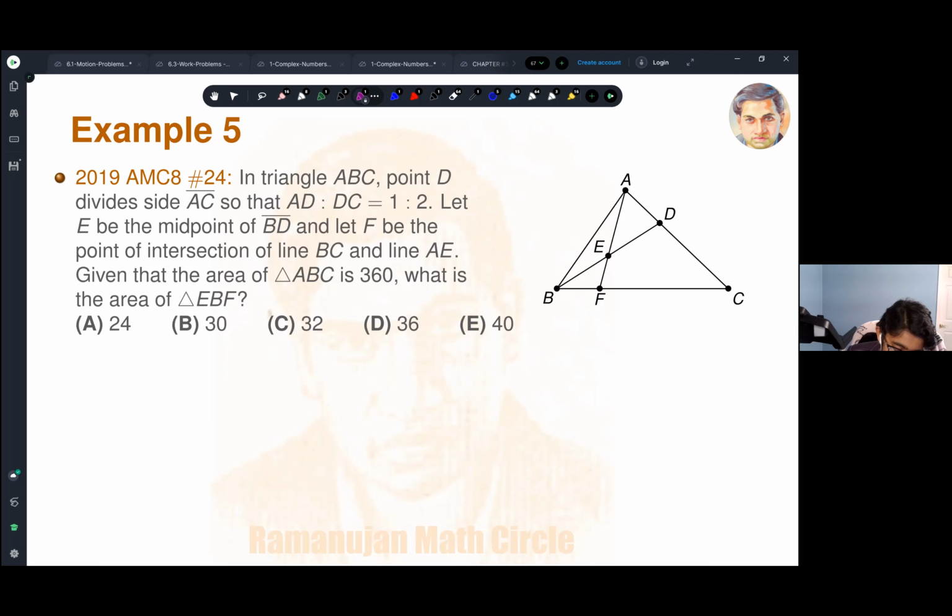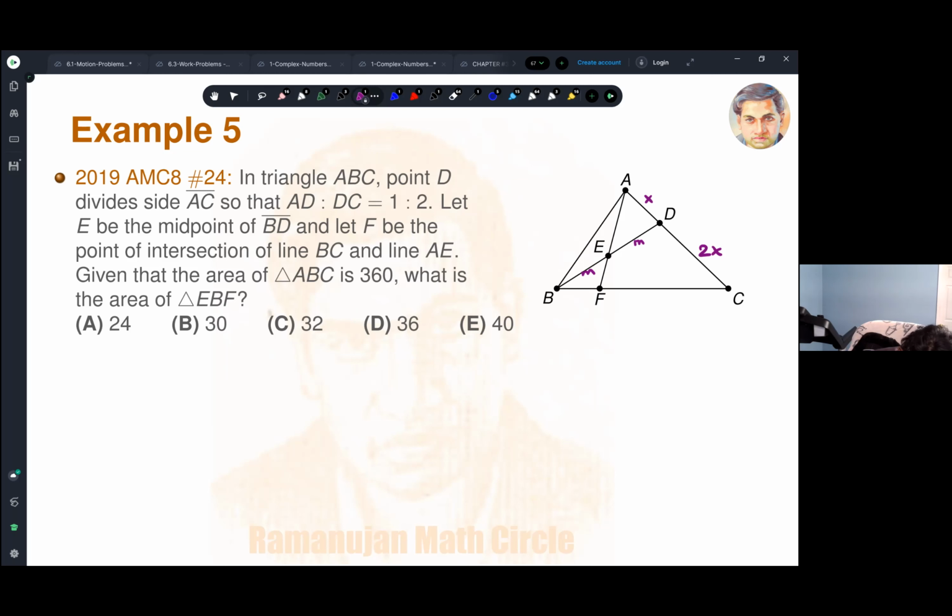In triangle ABC, point D divides line AC so that AD to DC is equal to 1 to 2. So if this is X, this is 2X. I'm going to give some hints when I'm reading. But E is the midpoint of BD. So that means I'm going to let this be M, and this be M. And let F be the point of intersection of line BC and line AE.